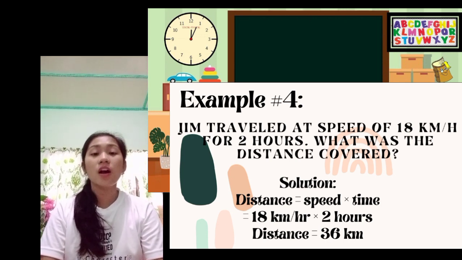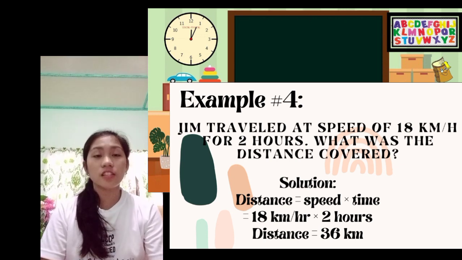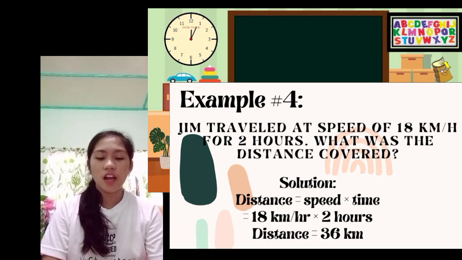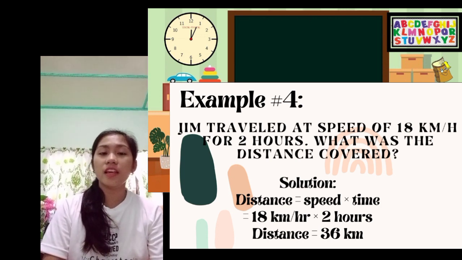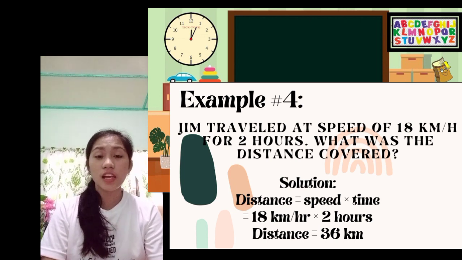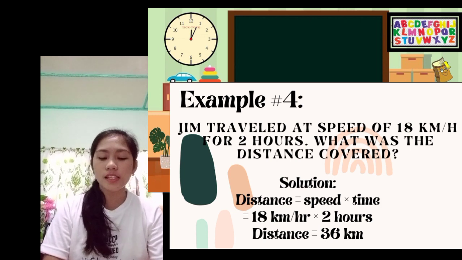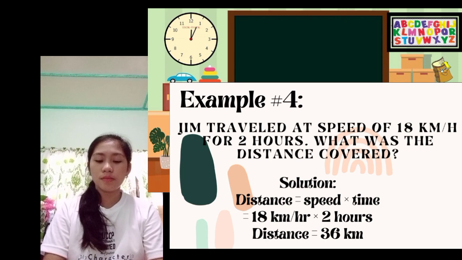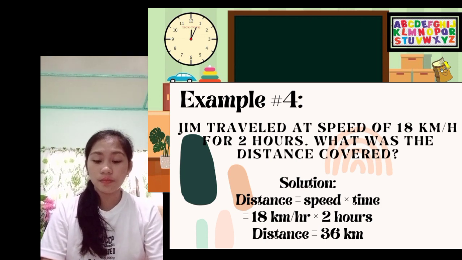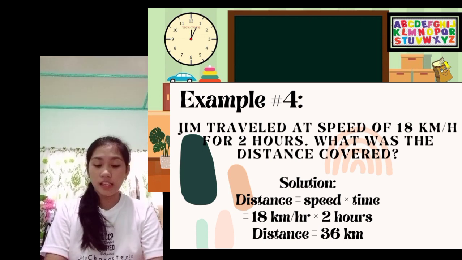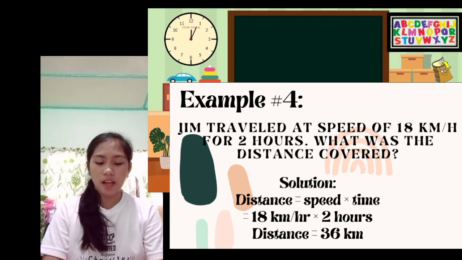Very good, D equals S times T. What is our speed here? 18 kilometers per hour, and our time here is 2 hours. So let us multiply 18 times 2, which is equal to, very good, 36. So our distance here is 36 kilometers.